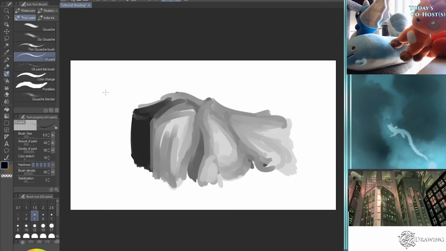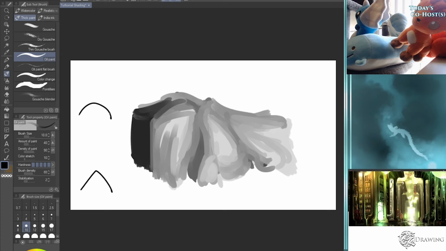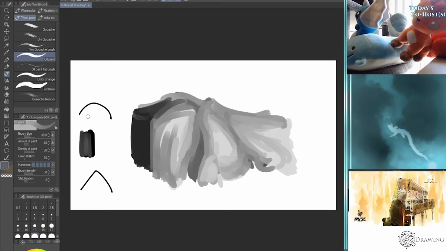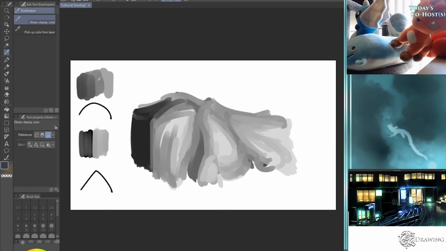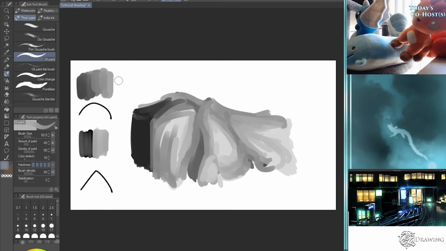A harder curve is going to have a harder shadow. Does this make sense?